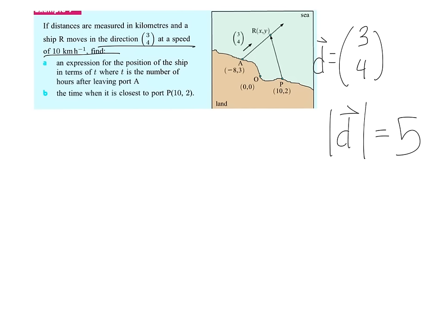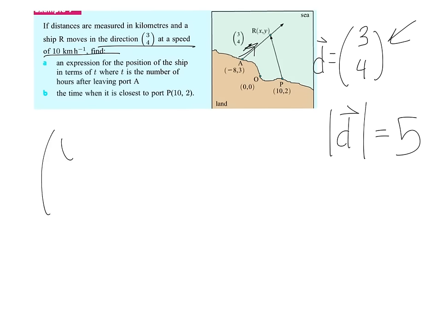But they told us that the speed is 10 kilometers per hour. So if we just used the vector 3, 4, we would have only gone 5 kilometers. So when we write the equation of this line, we want to actually double the magnitude of that direction vector.